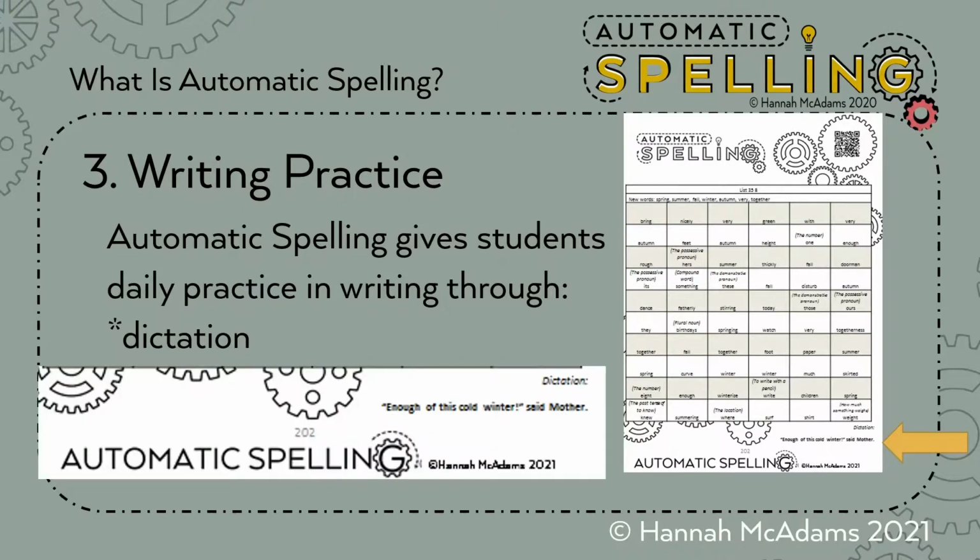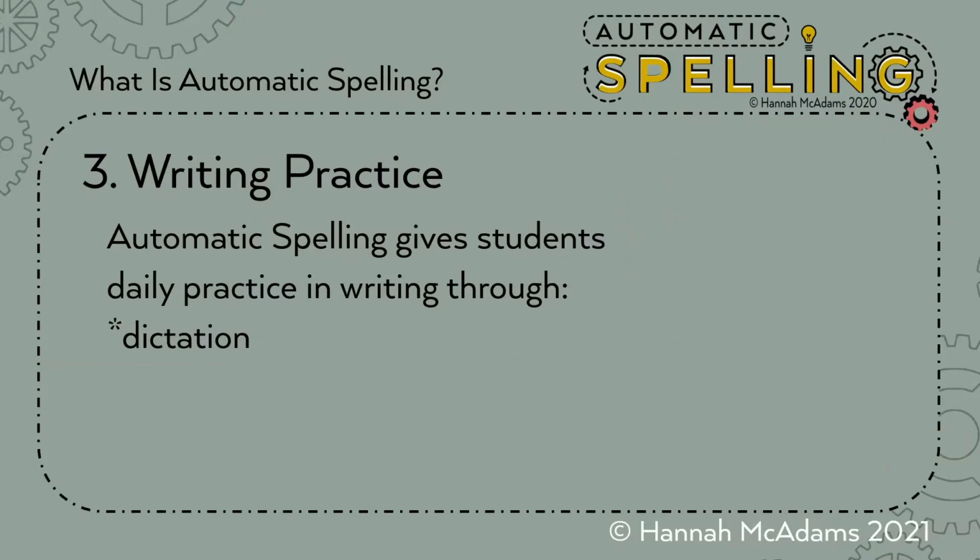I'll blow that up a little bit. So you read that to your students and they write it. They practice using quotation marks. They practice using the correct end marks. All of these words they have learned to spell throughout the lessons. And so they're able to, without looking at it, try to write that correctly. Okay, so that's one thing.